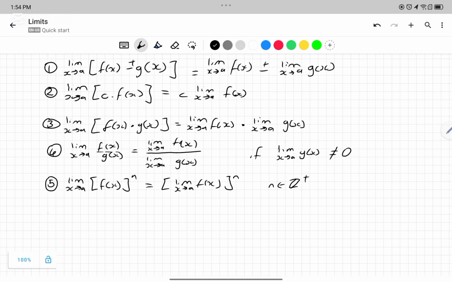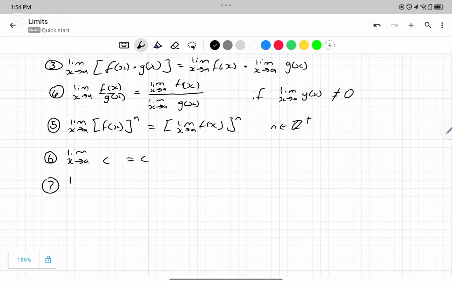And then 6, limit of c, which is a constant, as x approaches a is equal to c. So it doesn't change that much.